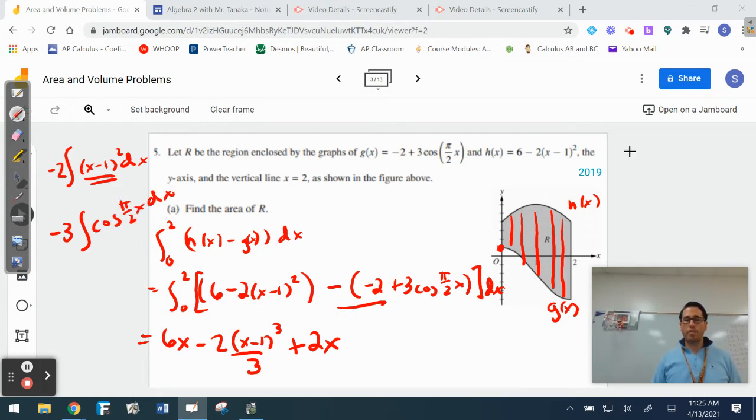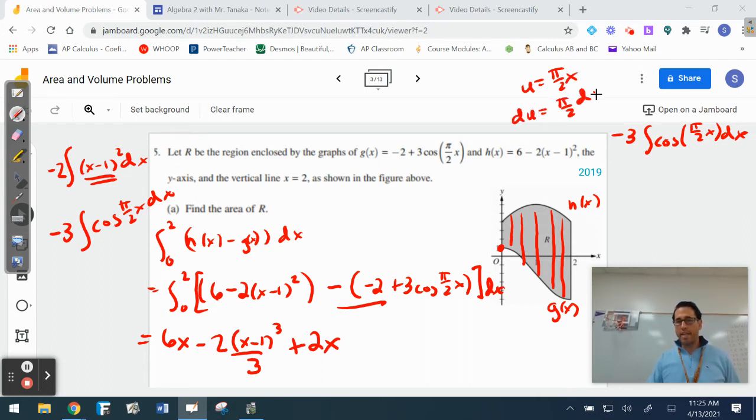Now, I know a lot of us would struggle with this one, so I'm going to go over here just to not lose anybody. This one is very interesting. Okay, some of us can handle it, some of us cannot. If I make my u pi over 2x, the derivative of this is not 1. It's actually pi over 2 dx, which, in class, we kind of do the reciprocal of that.